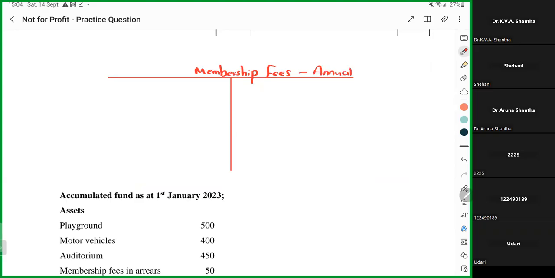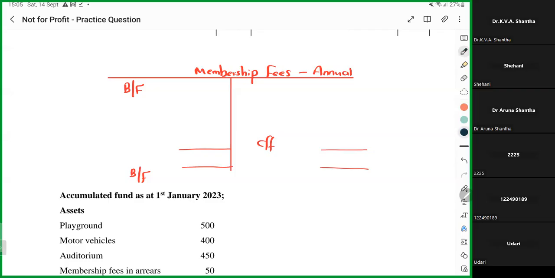Now, for example, if there's a membership fees receivable, receivable is an asset, then there should be a debit balance. So at the beginning, there should be a debit balance. At the end, there should be a debit balance. This is for membership fees receivable.